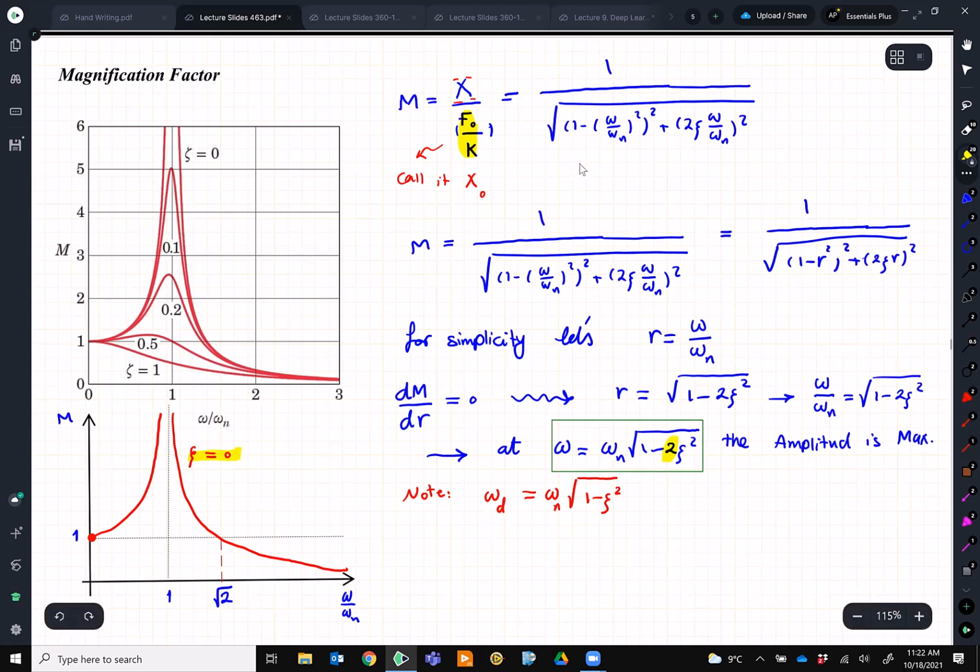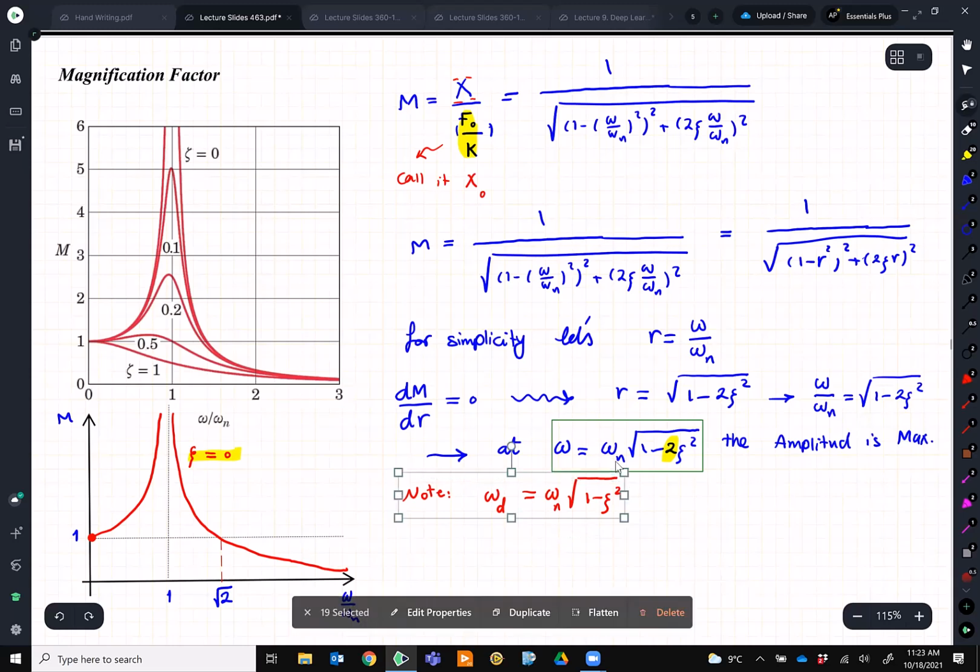So if you look at these numbers, is this number bigger or smaller than omega n? It's obvious, right? It's smaller than omega n. It means my peak happens slightly before omega n. So I'm going to write it down here. So let's move these things somewhere out of the way, or just delete it.